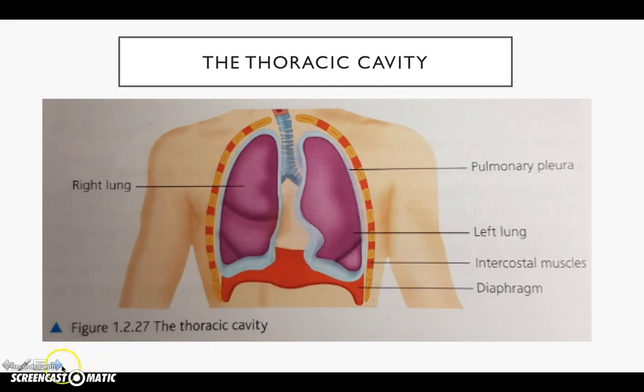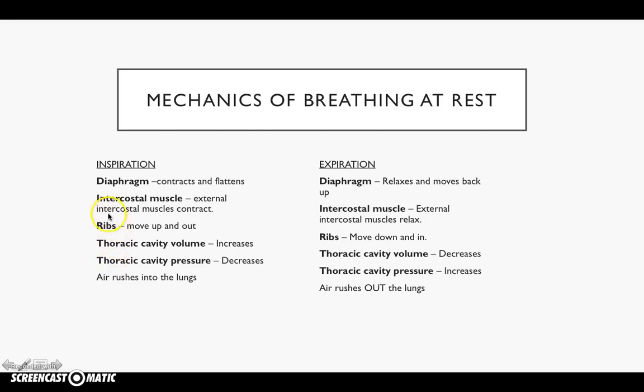The intercostal muscles, specifically the external intercostal muscles, contract, which aids our ribs moving up and out. When this happens, our thoracic cavity volume increases, so there is more space within that thoracic cavity.